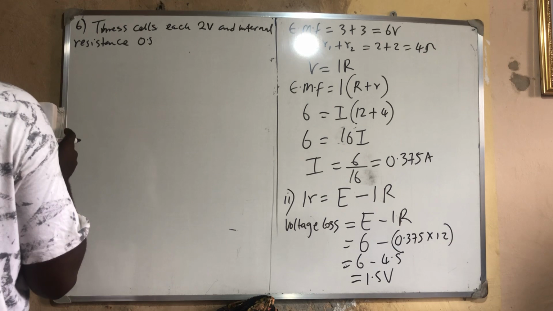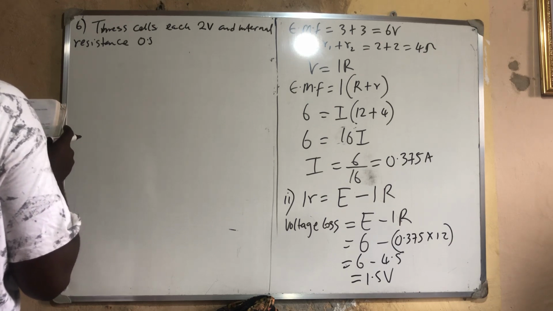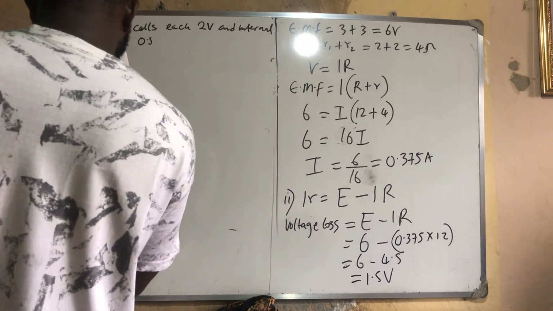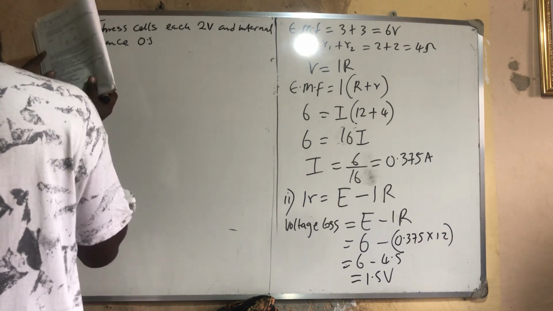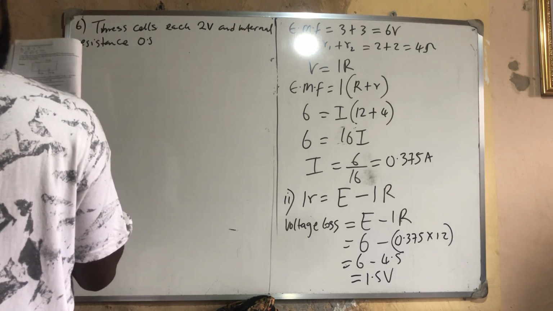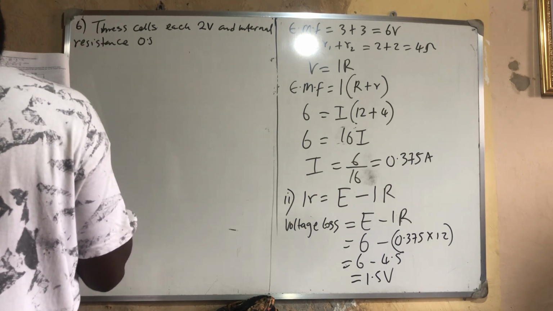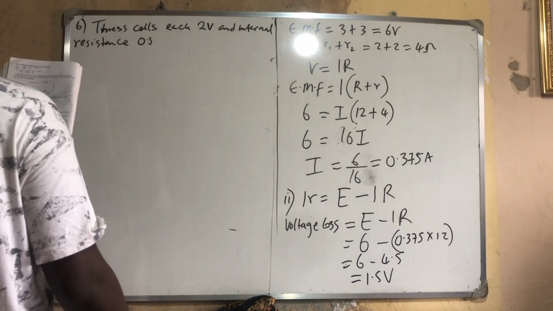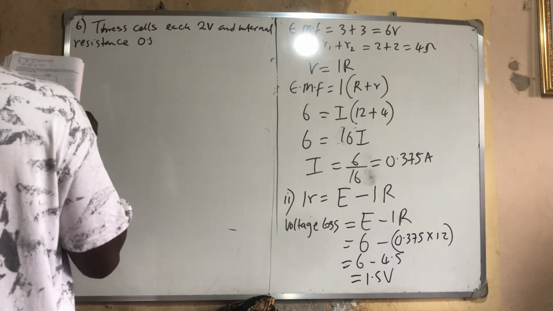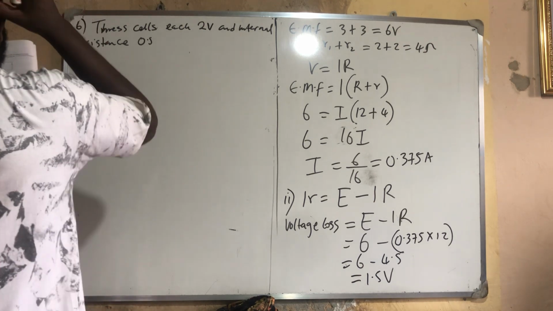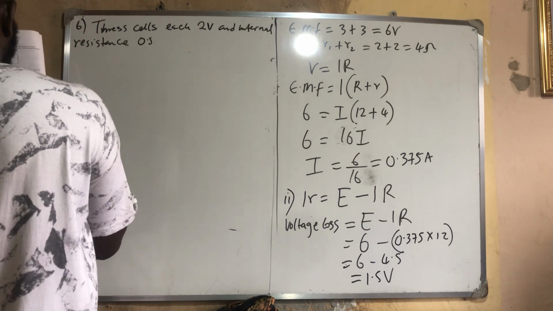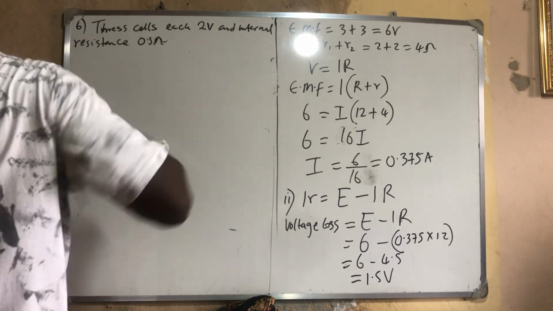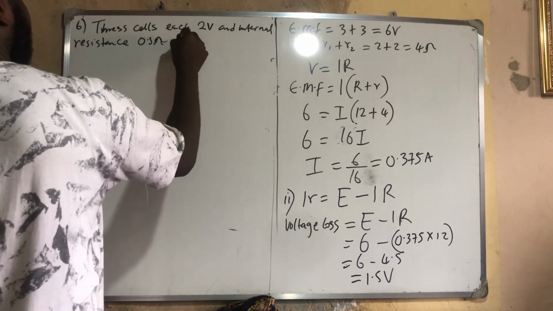No, that's a mistake. Three cells 2.5 volts with an internal resistance of 0.5 ohms. 0.5 ohms, please. How can you say volt for resistance?